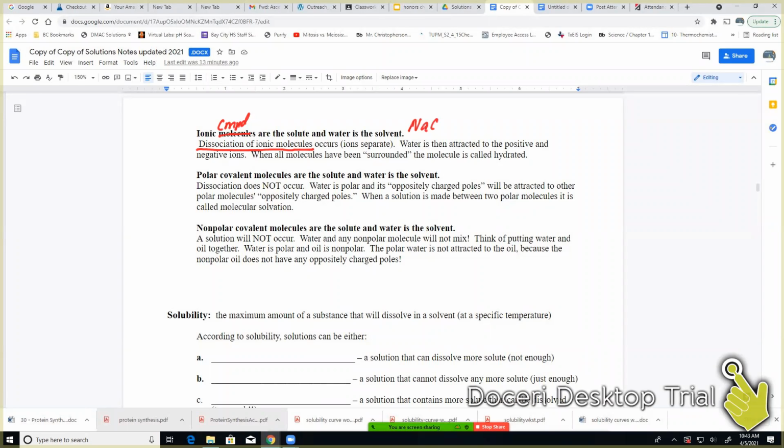Like if I have sodium chloride, it's going to dissociate into sodium and chloride ions. So now those have a charge. This was neutral, but in water it dissociates. Then the water molecules can come and surround it, like we saw in our picture, and we say it is now hydrated. So that means a solution will form.